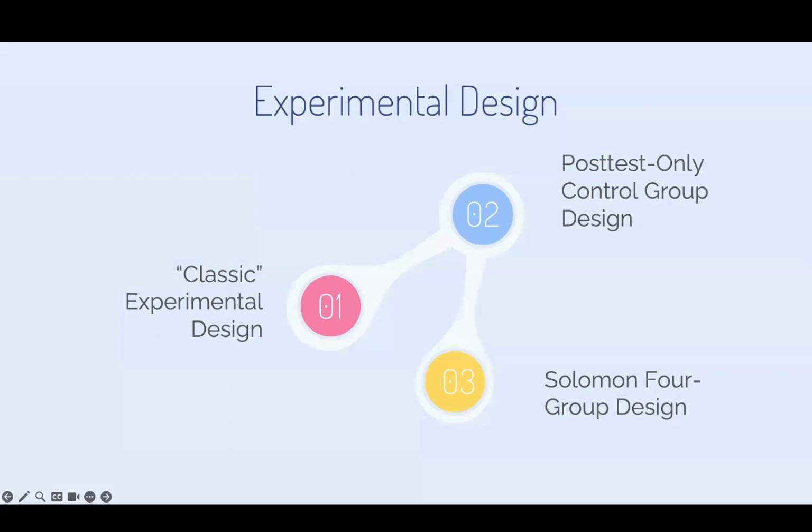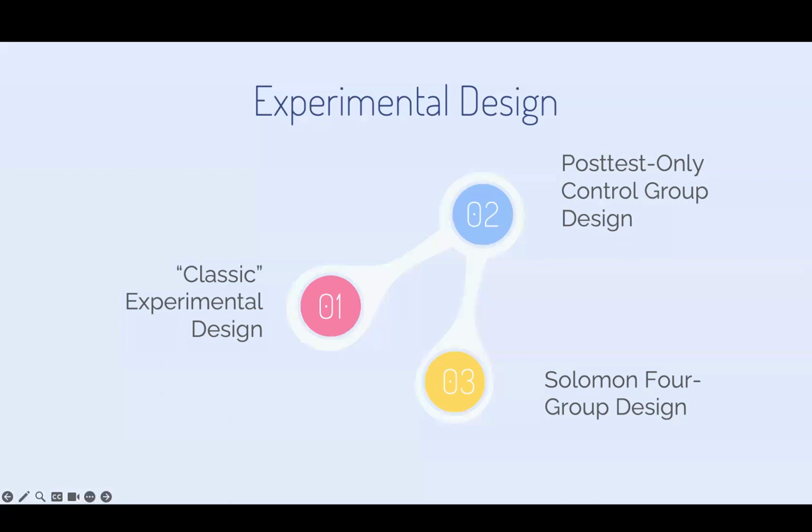And finally, the Solomon four-group design represents a very sophisticated combination of the previous two designs. It includes two additional groups, one that receives only the pretest and one that receives neither the pretest nor the intervention. This design allows researchers to assess the effect of both the intervention and the pretest itself.